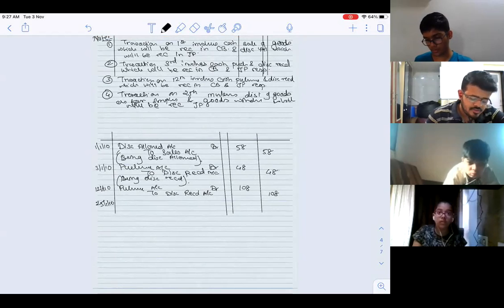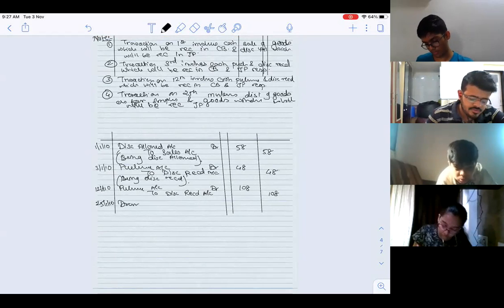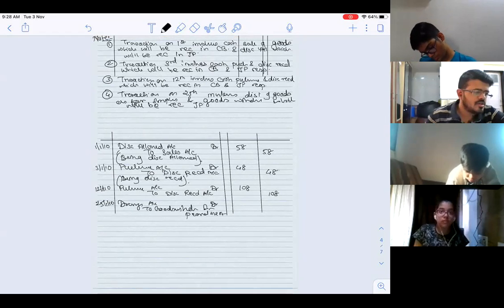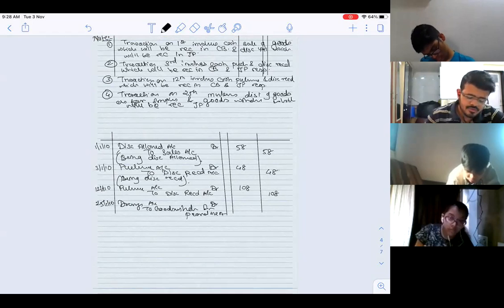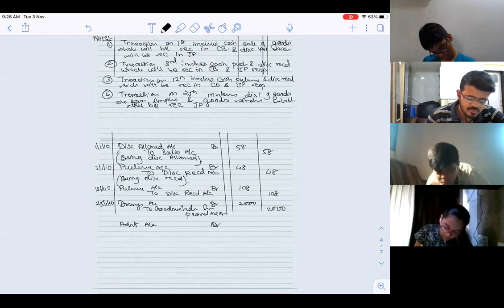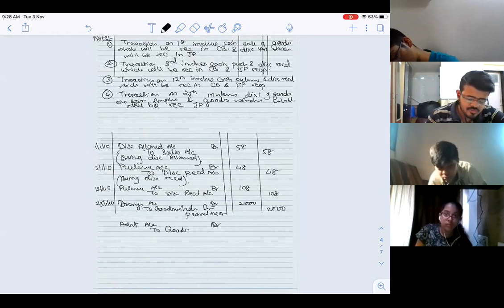It will be drawings account debit to goods withdrawn for personal use, that will be 2000, and advertisement account debit to goods distributed as free samples.